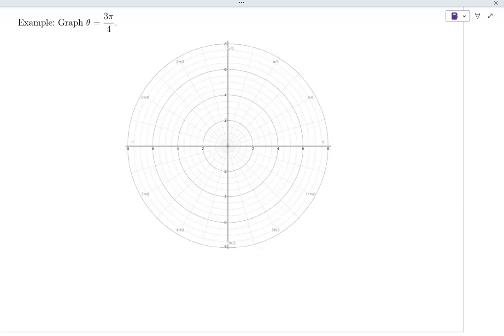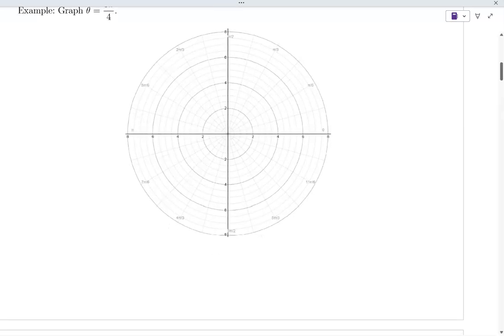So we'll get the line going through that ray. And since r can be positive or negative, these values from the pole up and to the left would represent positive r values.